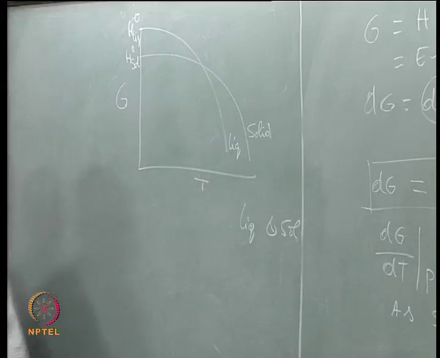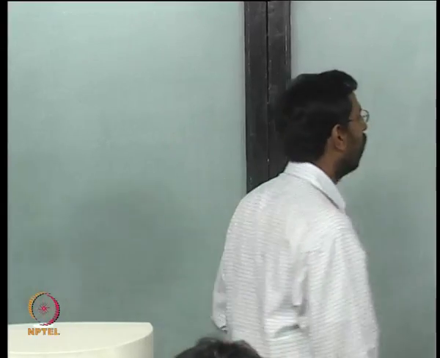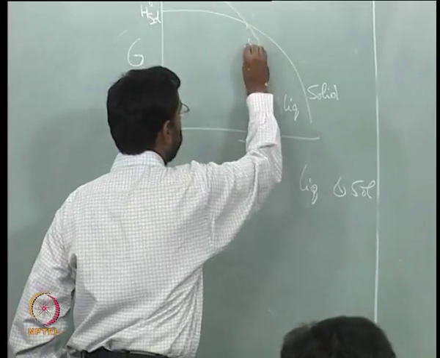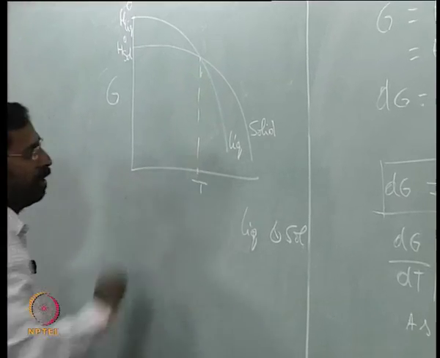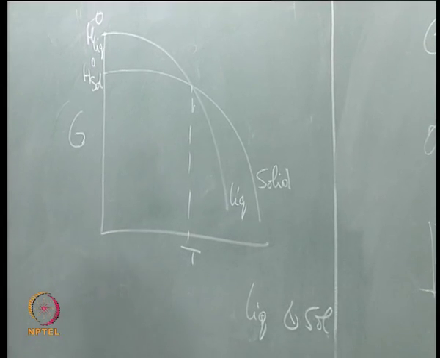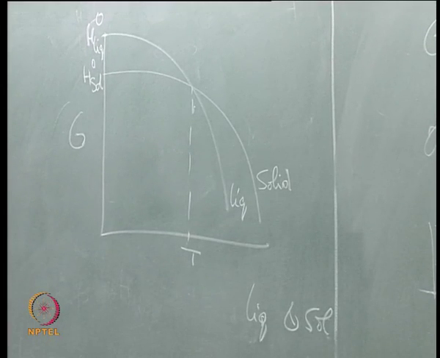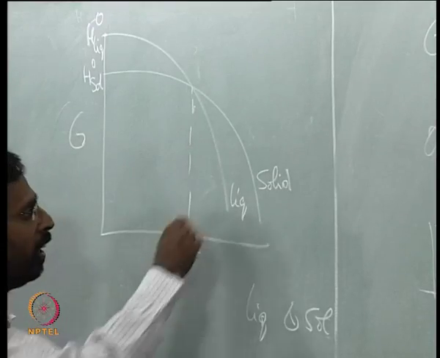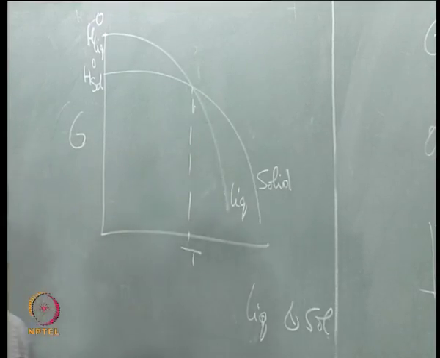And when I look at this curve, it gives me a very interesting phenomenon. What is that interesting phenomenon? There is an intersection here, isn't it? And if I look at the nature of the curves above the intersection and below the intersection, what you see is that above the intersection the liquid curve is always below that of the solid curve.